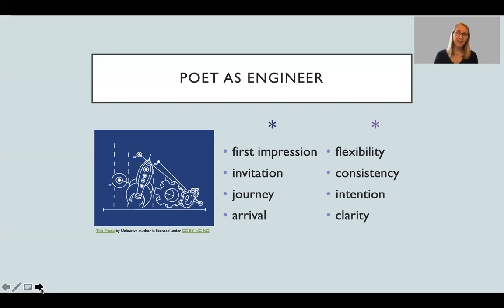If we have a capital letter, but then everything else is lowercase, why is that? Stanza breaks, line breaks, breaking in the middle of a line, which we'll look at today. All of those things should work together to help the reader have a great experience and come to an understanding of what it is you're trying to share with them as the poet.